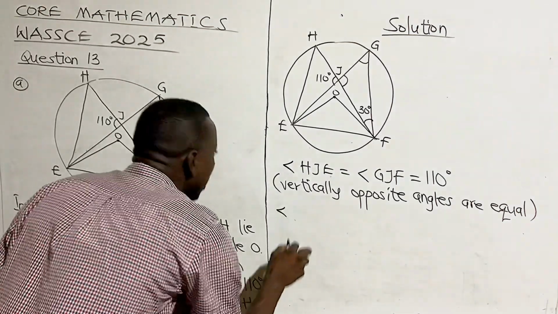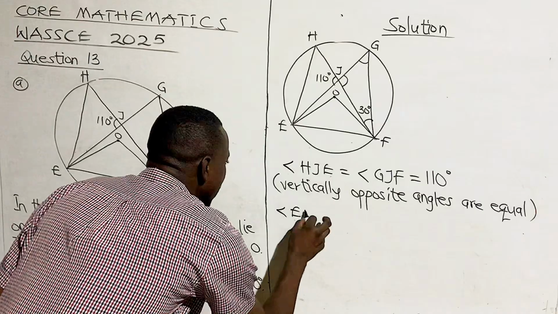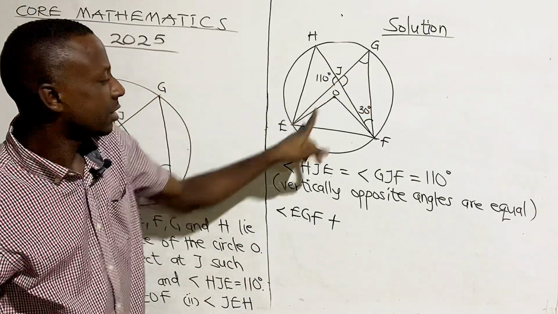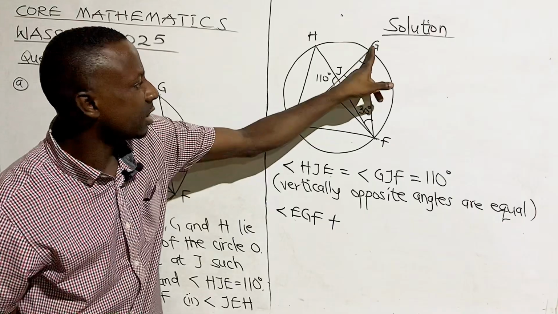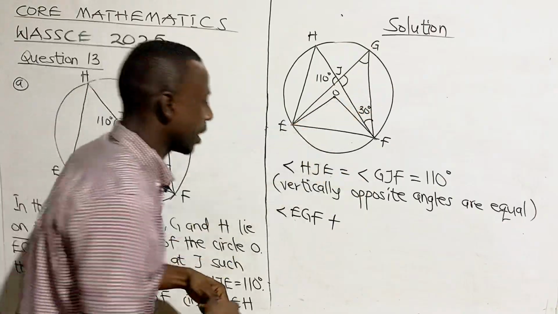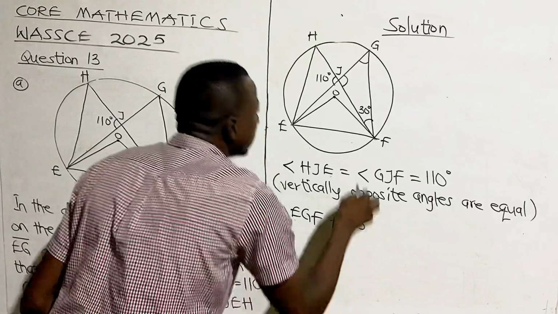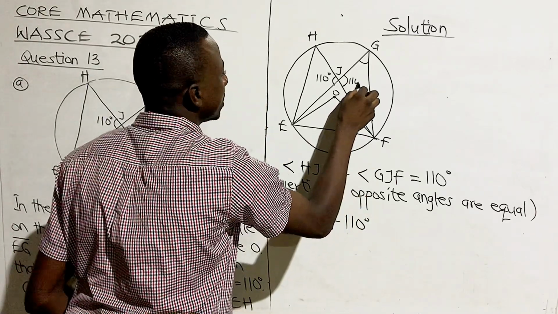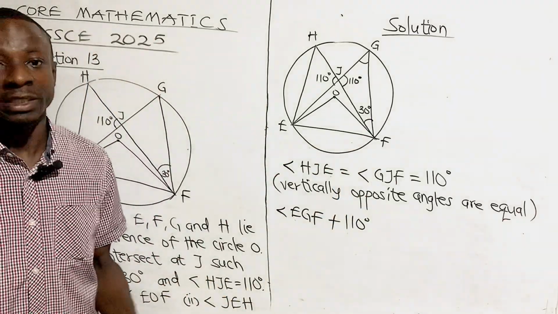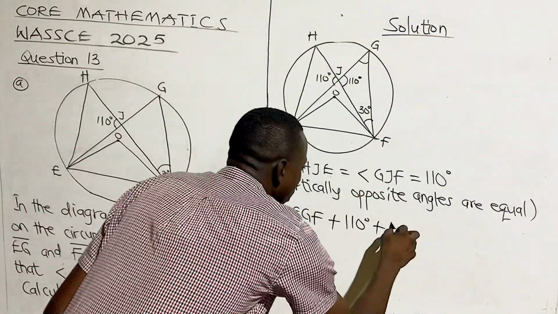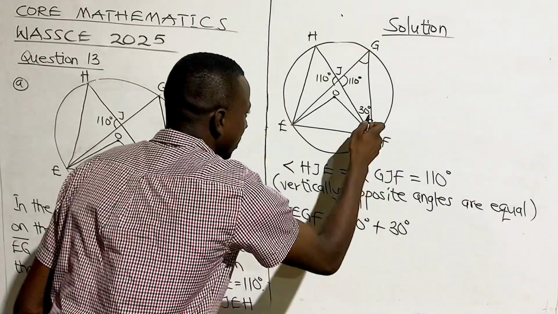So we have angle EJF, plus the new angle 110, because they are vertically opposite, they are equal, plus the 30 degrees.